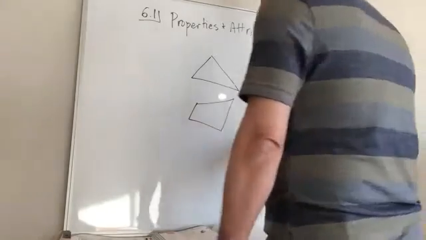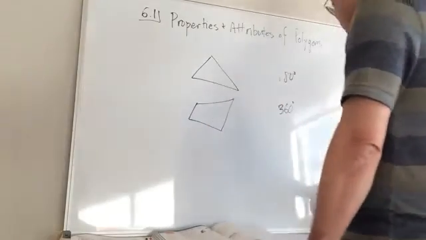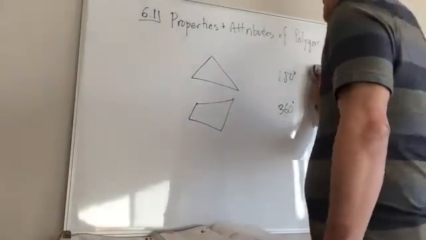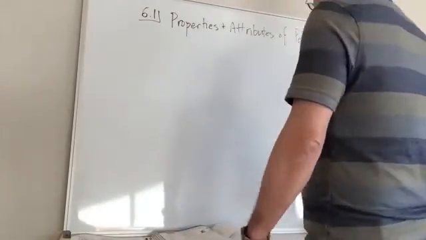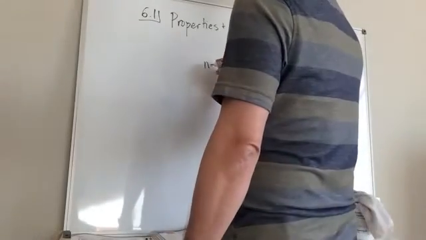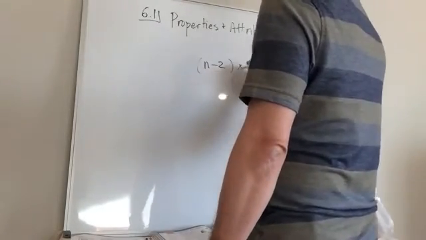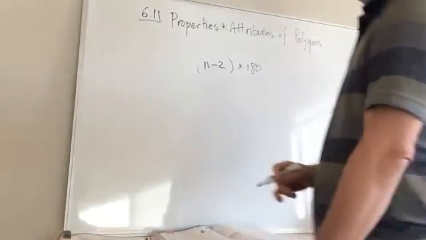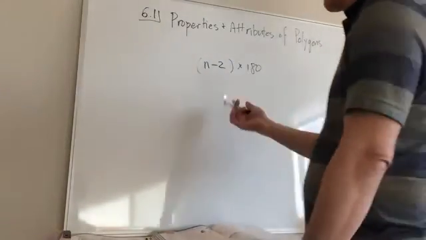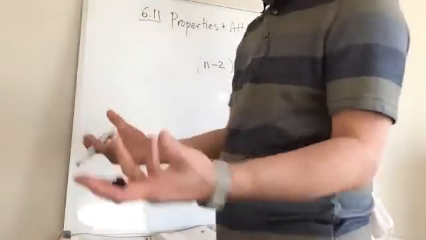And you can develop the equation that's given in the book: the number of sides minus 2, times 180, is going to be the total angles, the sum of the angles inside.